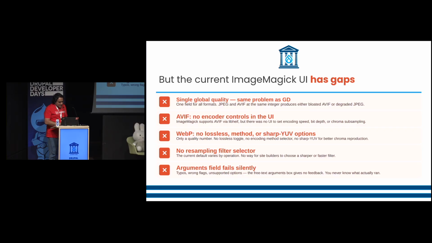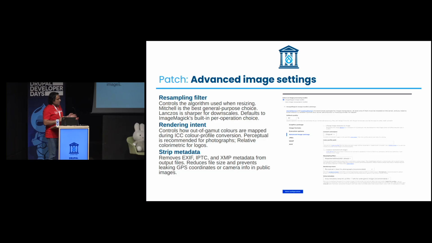So to fix these issues, I made another patch to ImageMagick. My idea is that there are so many settings that you cannot provide a UI for all of them. It's quite impossible. But there are some that are really meaningful, and I think they should be there.